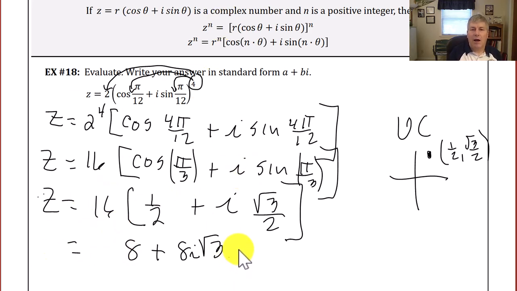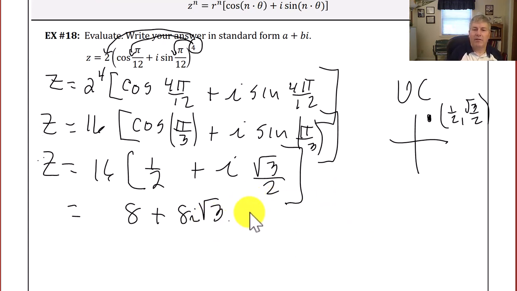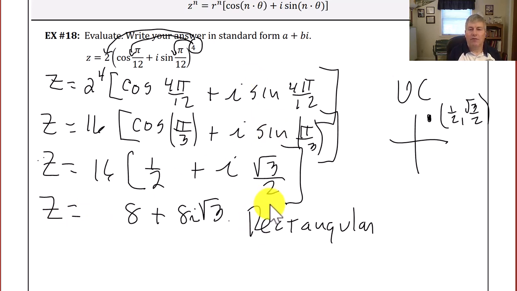And now I'm in my complex form or rectangular form, and I've solved for z using DeMoivre's theorem.